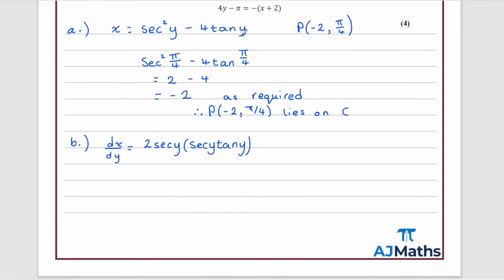We then got minus 4 tan y. So nice and straightforward here. If we differentiate this, we're going to get minus 4 sec squared y. And then from here, it's just a matter of simplifying this. So I'm going to start by expanding this. So I've got 2 sec squared y tan y minus 4 sec squared y.